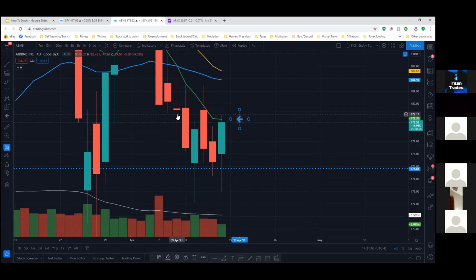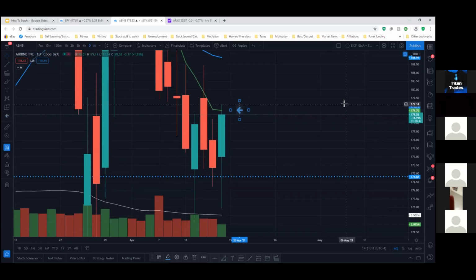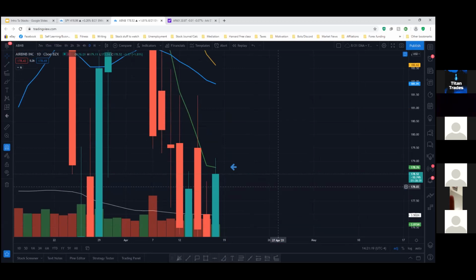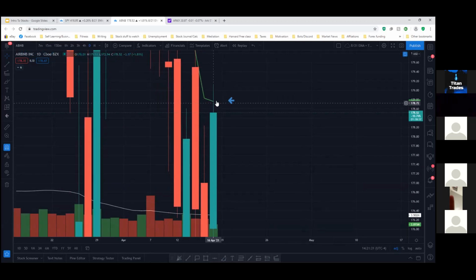So you can start getting a starter size in. This would be more of a risky play right here at that 179 region. And then for more of a safer play, there is a resistance right here. So just have that in mind. This will be the most riskiest play right here above that break of the EMA.